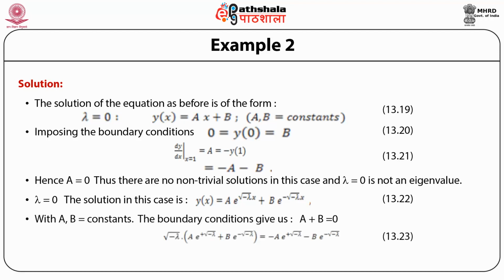The boundary conditions then give us at x equal to 0, y of 0 is equal to 0, therefore a plus b is equal to 0, and the derivative of the function is under root minus lambda times a e to the power under root minus lambda x minus b e to the power minus under root minus lambda x, evaluated at x equal to 1, is equal to a times e to the power plus under root minus lambda minus b times e to the power minus under root minus lambda.